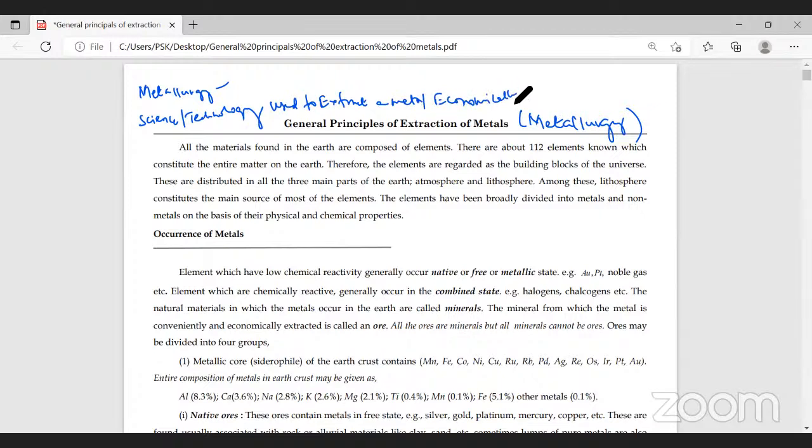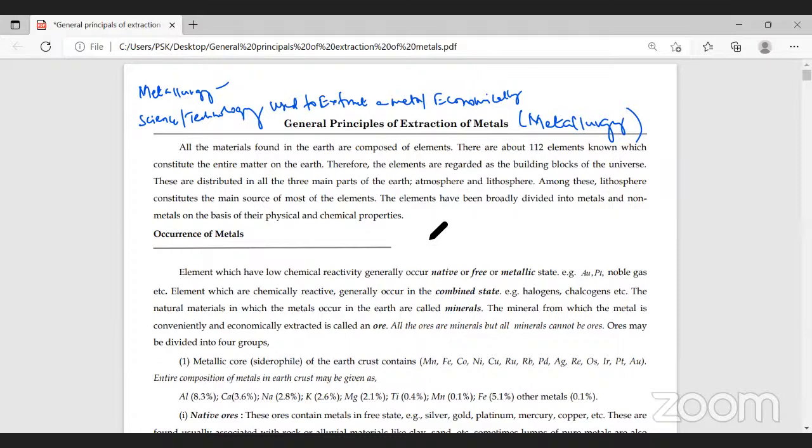So metallurgy is a process, a science, a technology, a procedure which is used to extract a metal economically. The chapter clearly says general principles of extractions of metals.